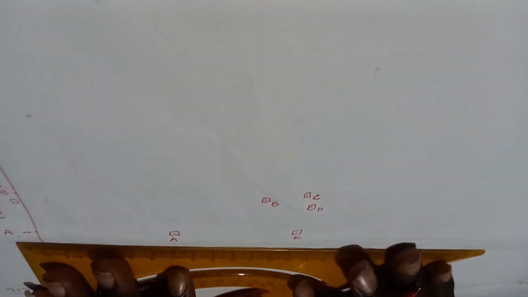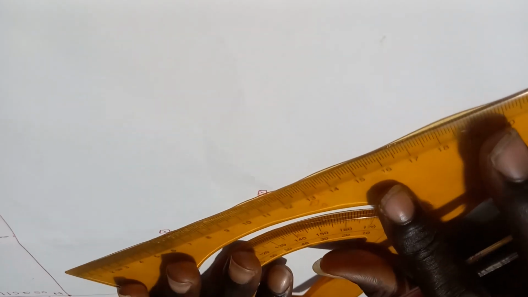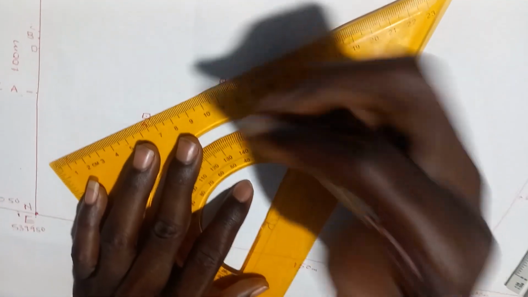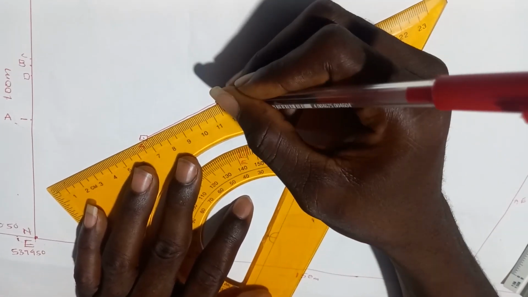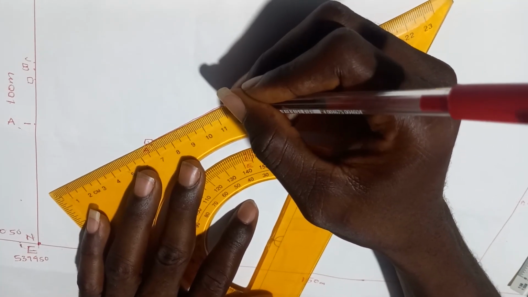So what you simply do now is use your set square to join the points together, which is going to form the boundary of your rock.